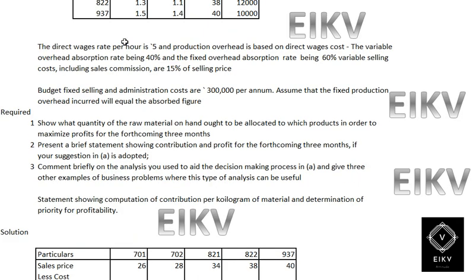The other details: the direct wage rate per hour is 5 and the production overhead is based on direct labor cost. The variable overhead absorption rate being 50% and the fixed overhead absorption rate is 60%. Variable selling cost including sales commission are 50% of selling price.